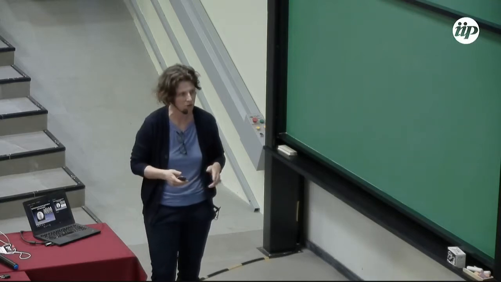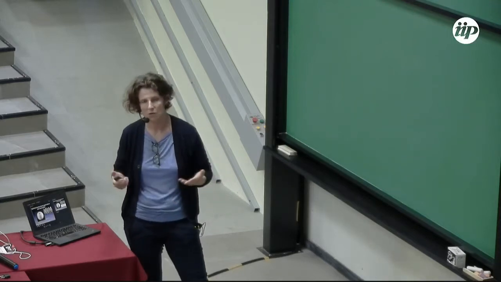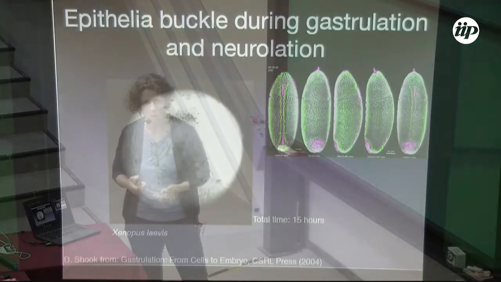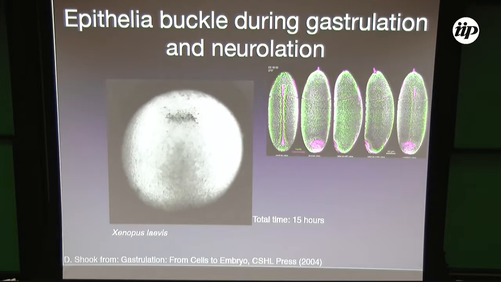Gastrulation is a process where cells or tissues form into an embryo. The formation of this tissue into an embryo is related to or induces some buckling of the tissue itself, without anything that is related to cell division. So this is an example.